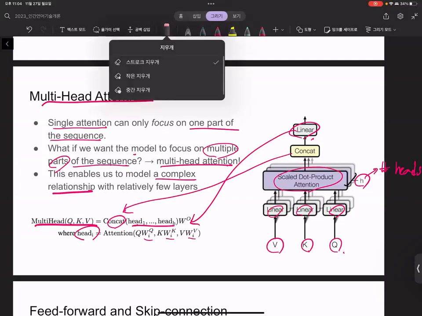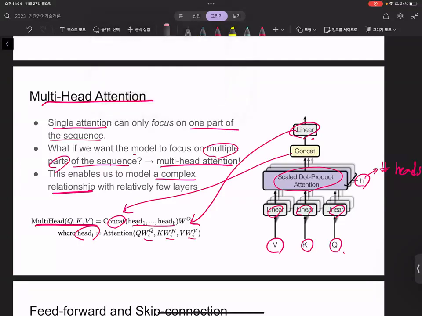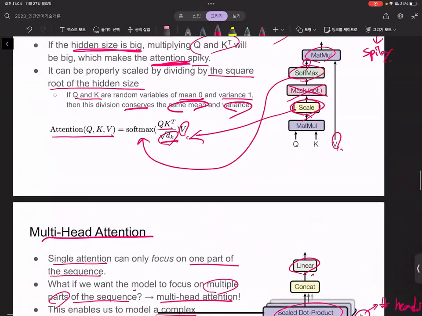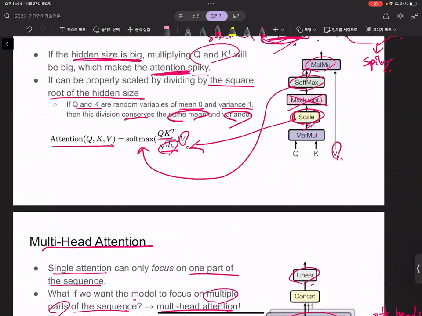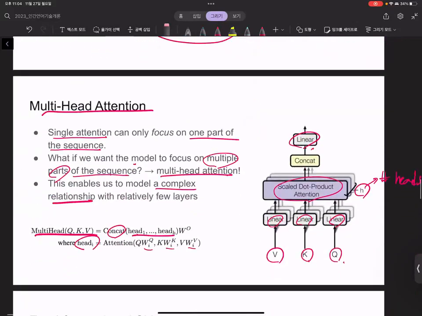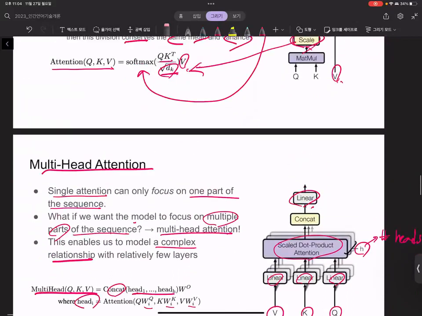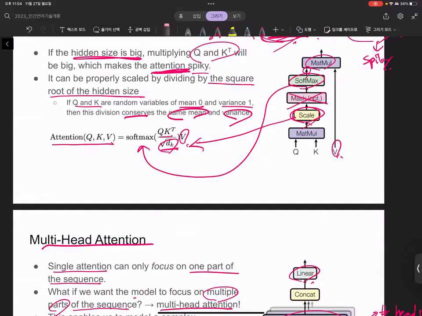So what about size? This is the size of attention. What is the size of attention?